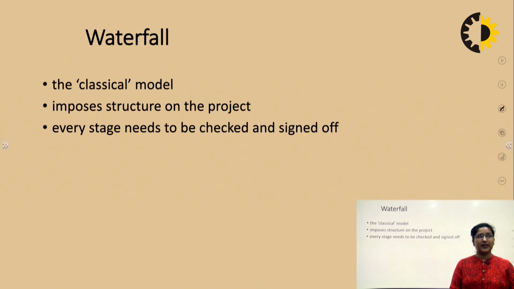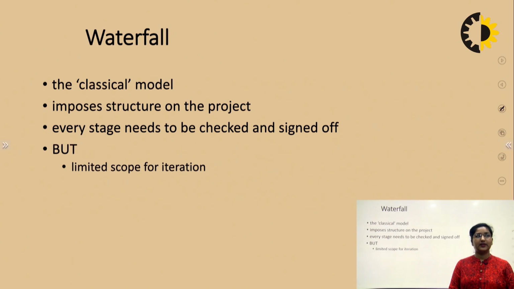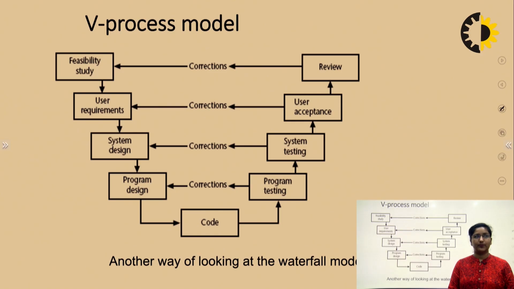Every stage needs to be checked and signed off. Why is it said so? Because we do not have any option to go back to the previous stage. So, if we are at any stage, then that stage needs to be completed successfully. But, as we have seen, there is limited scope for iteration as well. Why is there limited scope for iteration? Because we can only move forward. We cannot move backward.